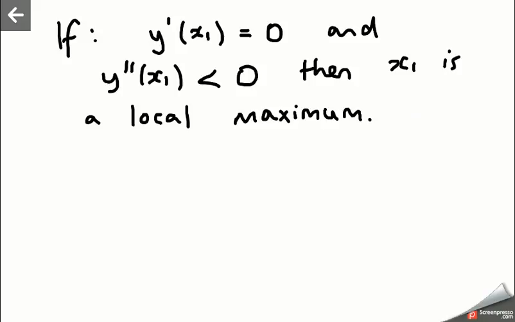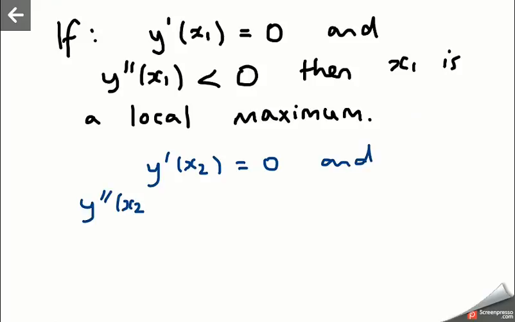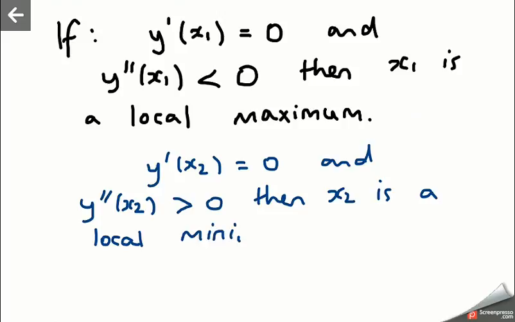If y prime of x2 is equal to 0 and y prime prime of x2 is bigger than 0, then x2 is a local minimum.